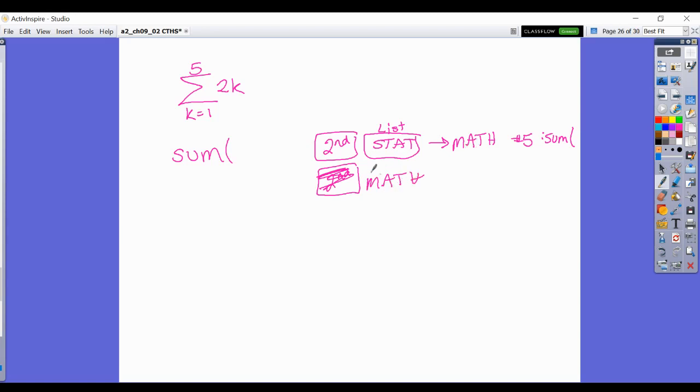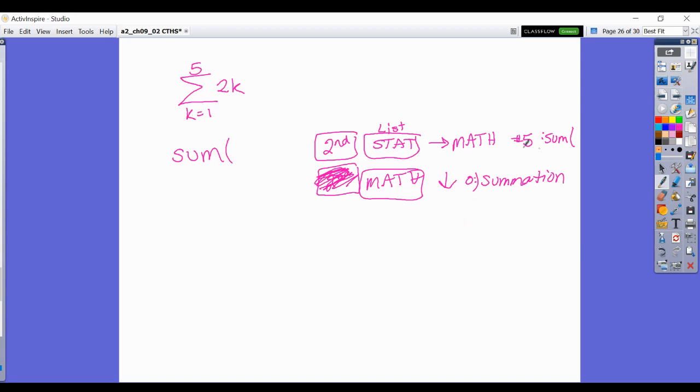So the math button is just below alpha, no second. And when you hit that, you just scroll down, and it's usually 0, and it says summation. If you have this feature with the summation under the math menu, you'll actually see this symbol, and you'll put in all this stuff, and it'll just have an X. And you'll get that part in a minute.